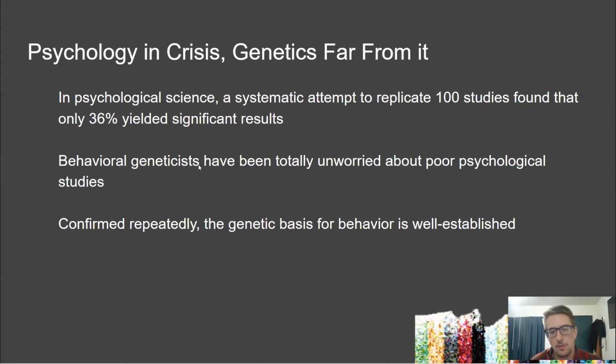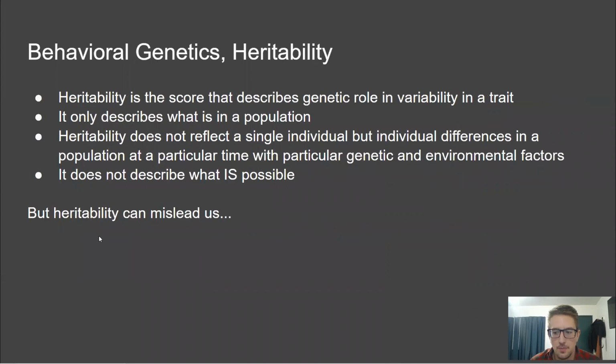On the other hand, behavioral genetics has not been worried about this. They've been charging ahead and coming up with good amounts of variance and results in spite of all the bad psychological studies. And this is confirmed in a number of ways, through the GWAS themselves and through twin studies, we've known that genes are playing a big role in heritability.